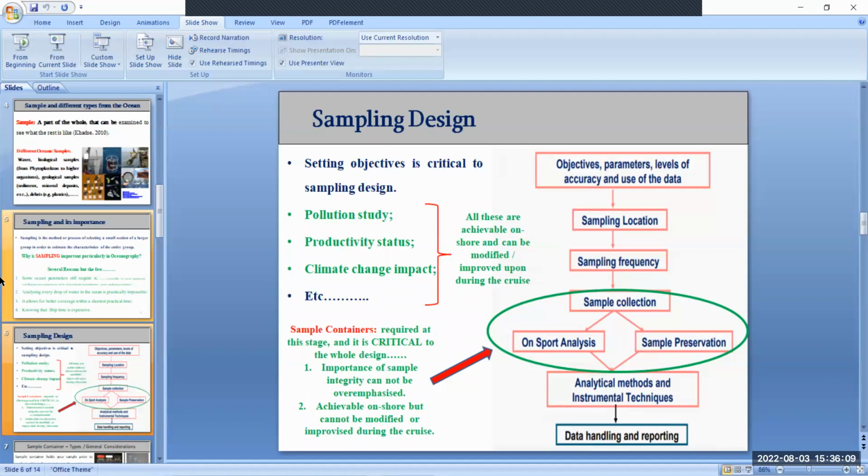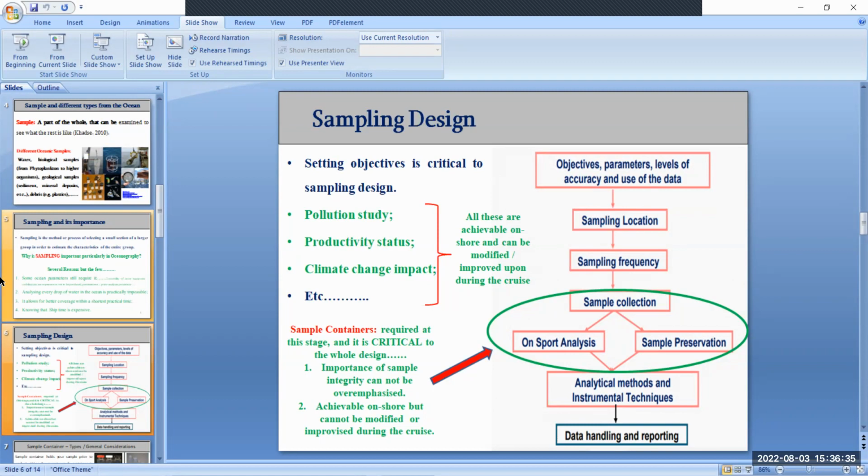The area that I've circled in green, that is where sample containers come in. You will need either on-spot analysis, or you need to preserve your sample and take it to the lab for further analysis. Something needs to hold your sample, which is the sample container.